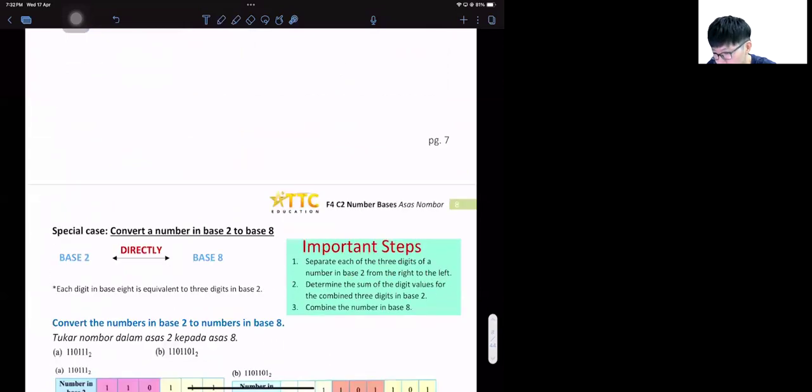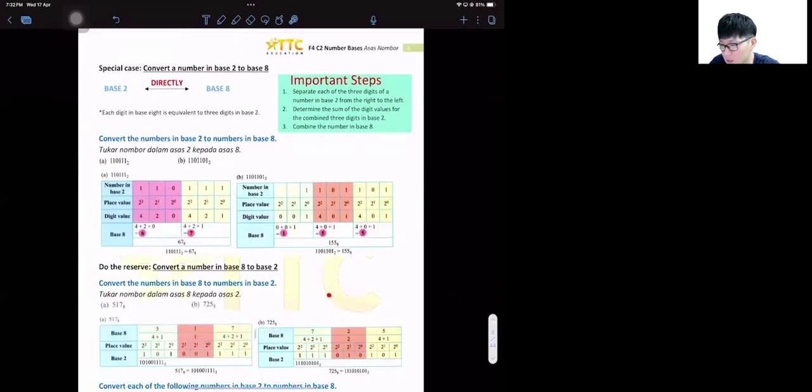Because I want to skip some useless stuff like this one. The special case, convert number in base 2 to base 8, so complicated. We just did that, right? How did we find the answer? Press calculator. Unless you find all this very interesting, you ask me, then I teach you.